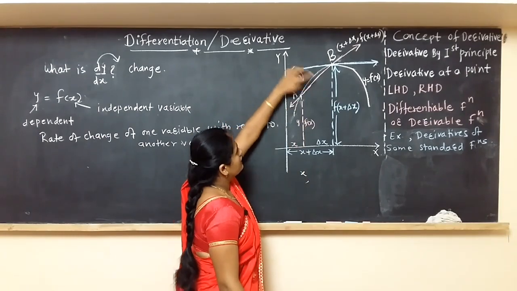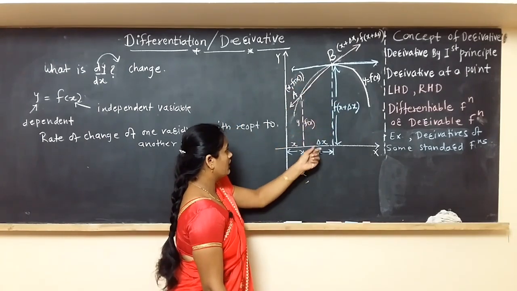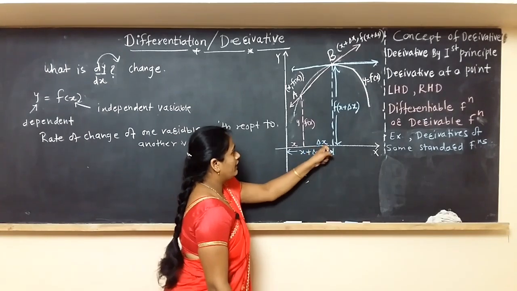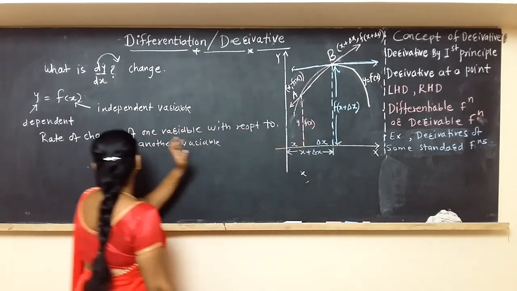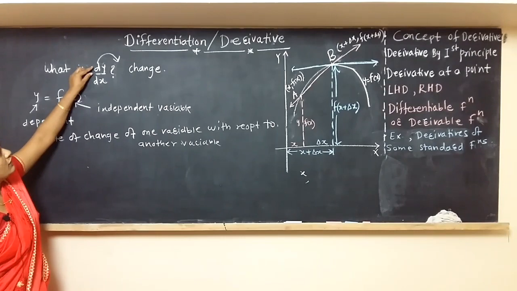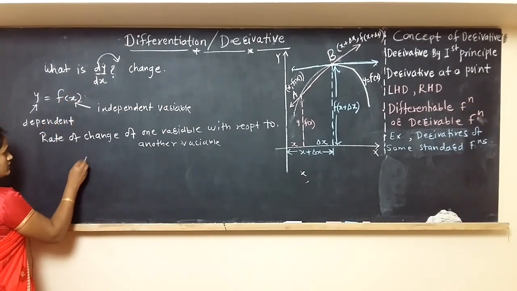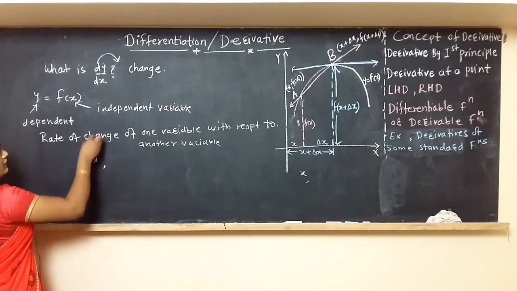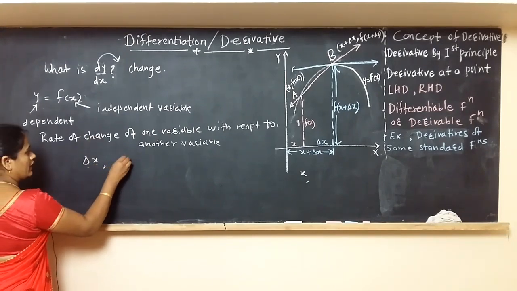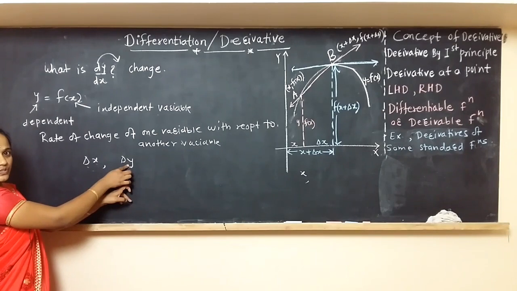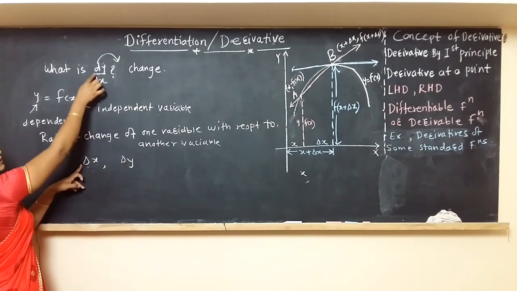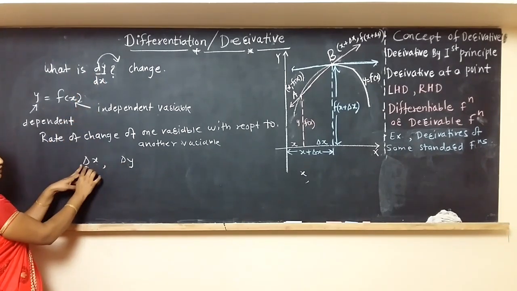Similarly, here again, what does delta x represent? Many times the changes in x and y are denoted by the symbols delta x, that is change in x, and delta y, which represents the change in y. Not only by using d, we also use the symbol delta to represent change.